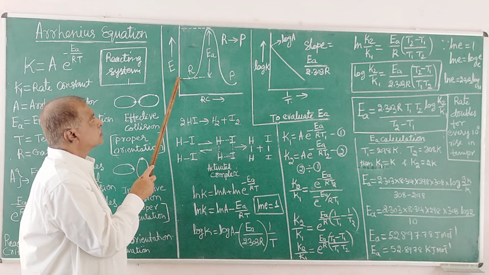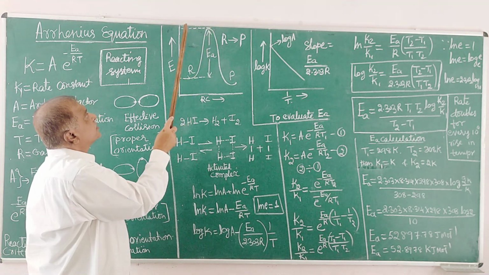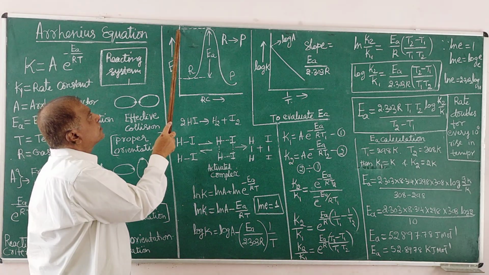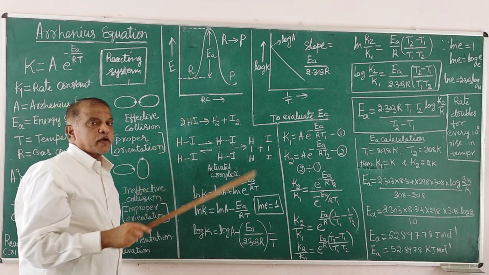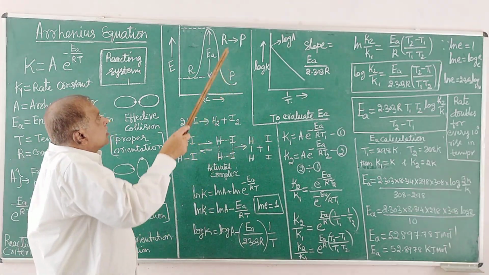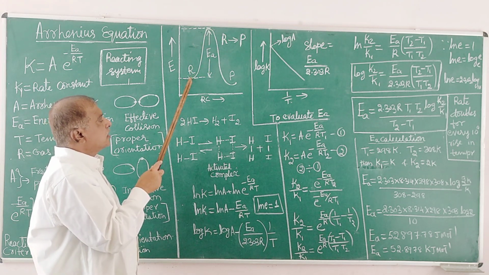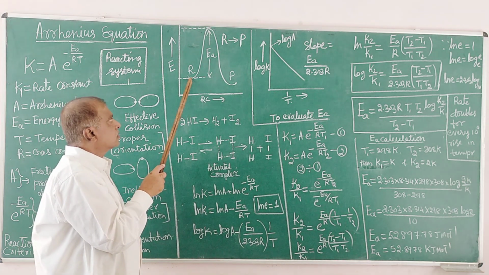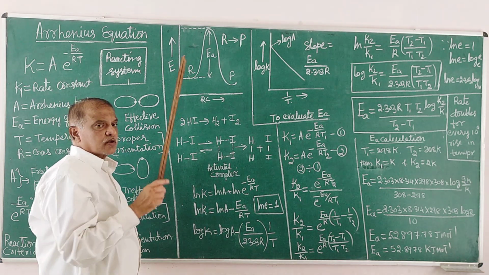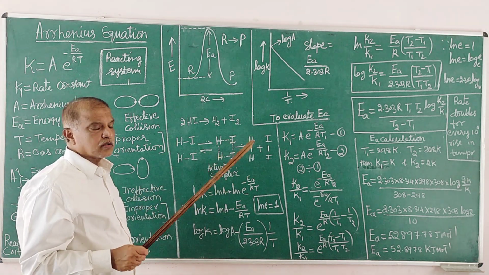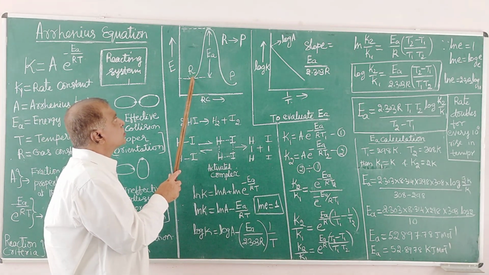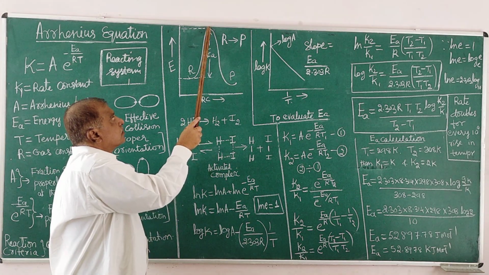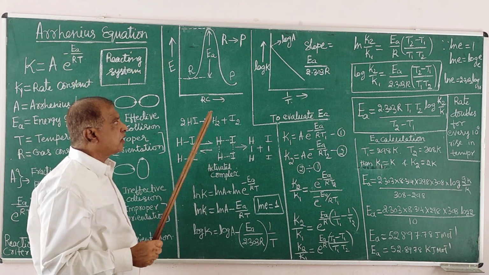The reactant energy is not sufficient for a chemical reaction. This energy is not sufficient to break a chemical bond. The molecule should have the threshold energy to break a chemical bond.